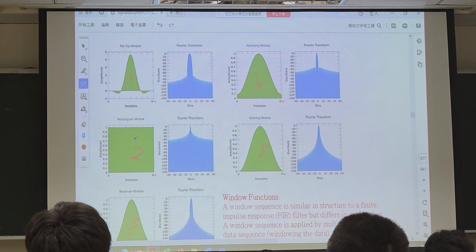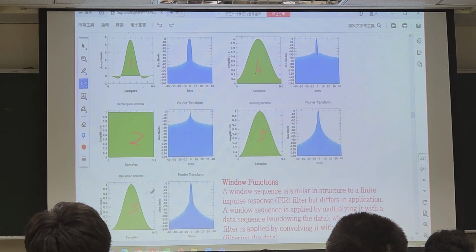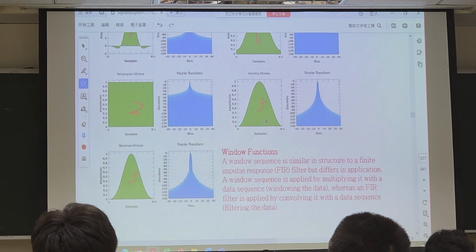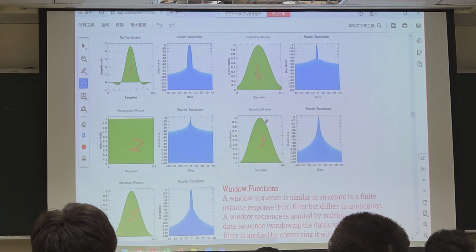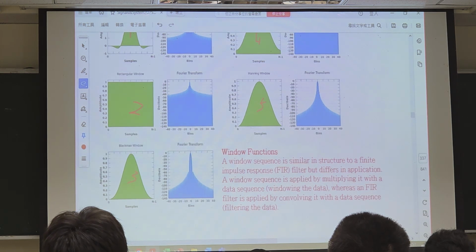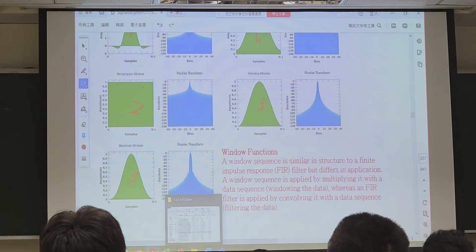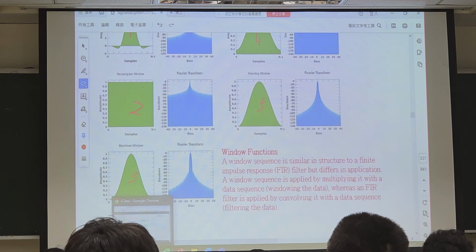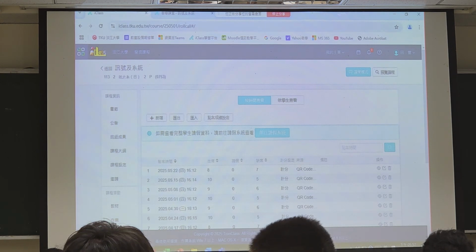There are many window functions. They look similar, kind of bell shape. But I have to show you that they are not the only function you can choose. I have some other functions. Hold on a second. Okay, I find it now.